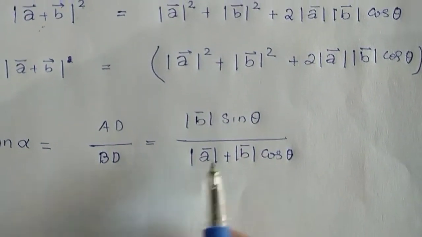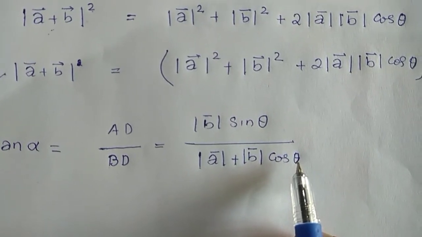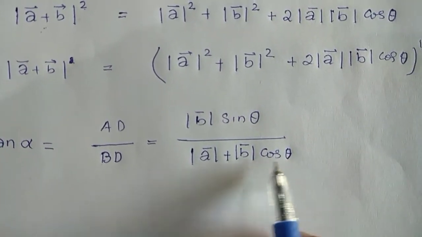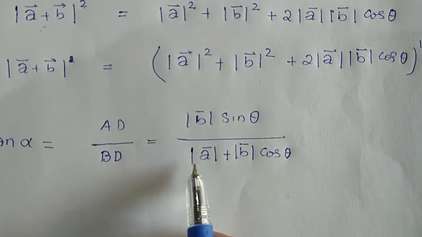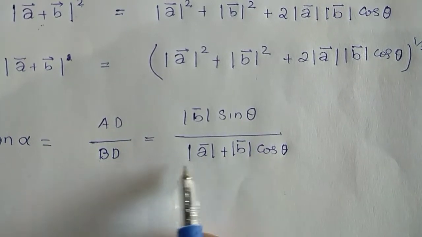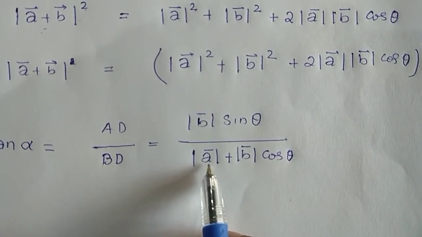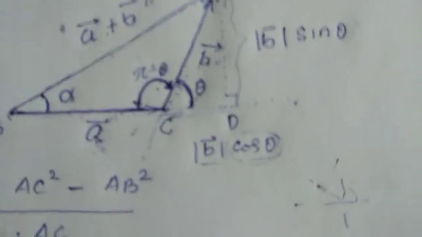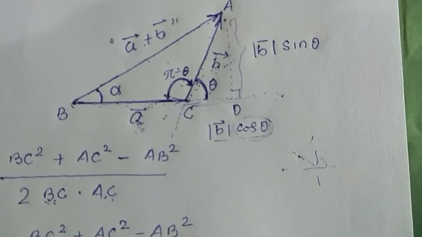Since theta is acute, this is positive, and it is greater than modulus of A, meaning BD is greater than BC.